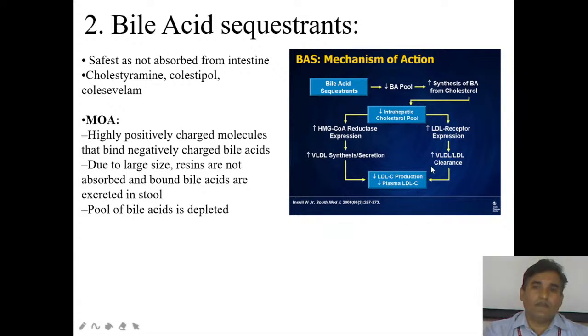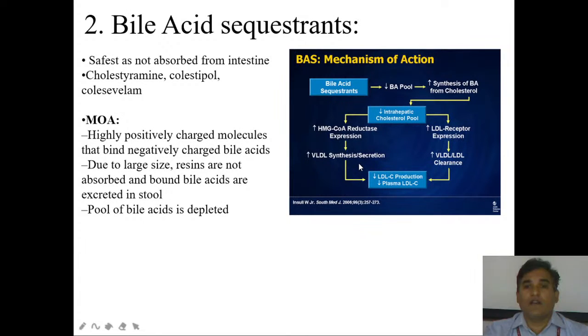And when the cholesterol decreases from the systemic circulation, the intrahepatic cholesterol pool also decreases, and there is feedback upregulation of HMG CoA reductase, and therefore VLDL synthesis and secretion are increased.